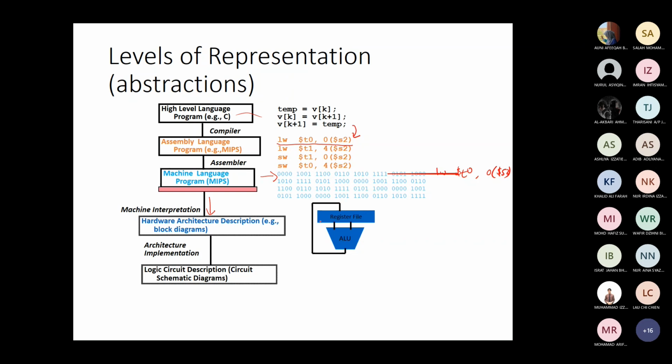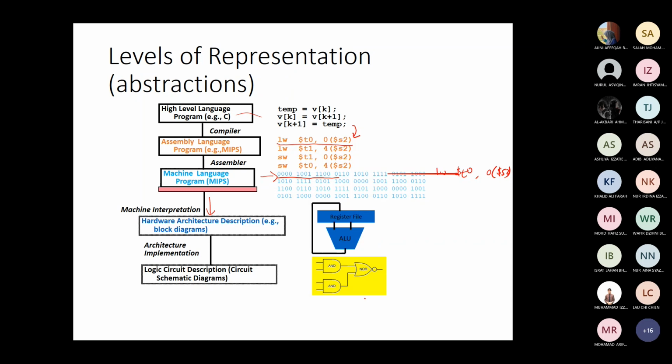Within the processor, it decodes the machine instruction, reads the content of the registers, and executes the operation based on the machine instruction. Then the ALU is implemented. The ALU is actually a combination of combinational and sequential circuits.